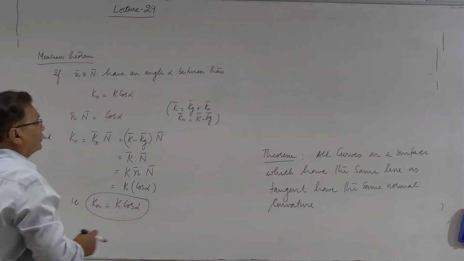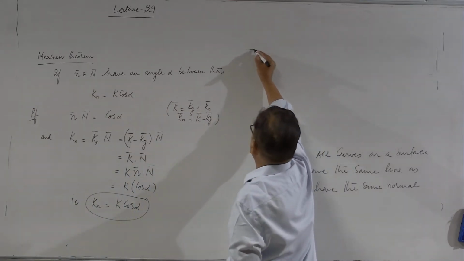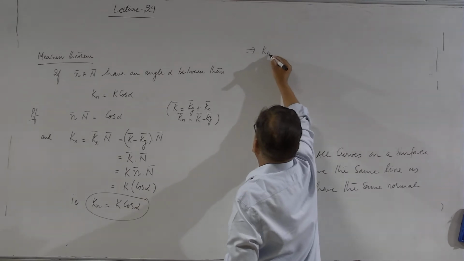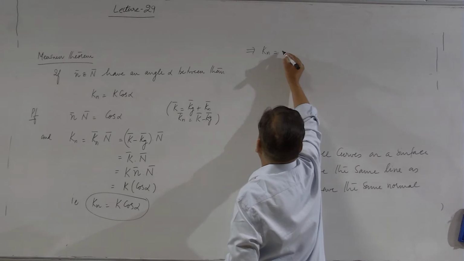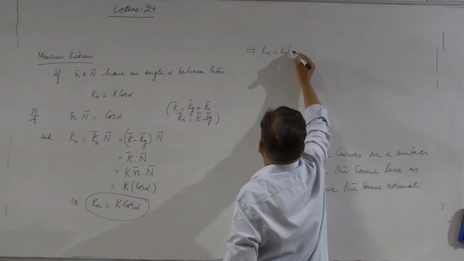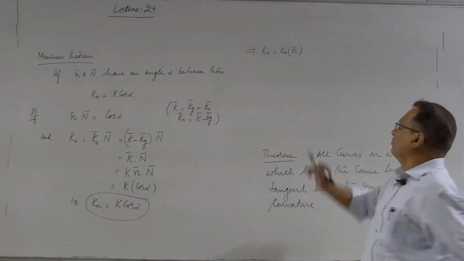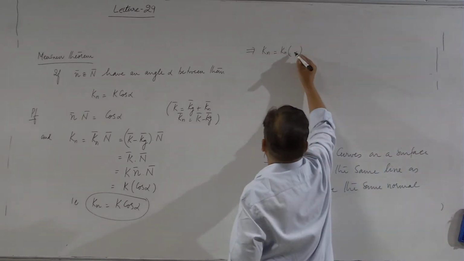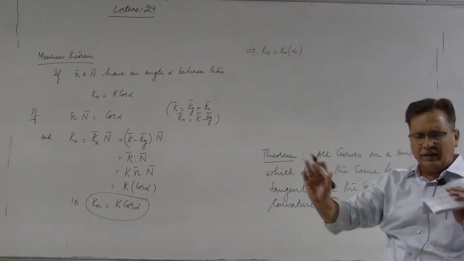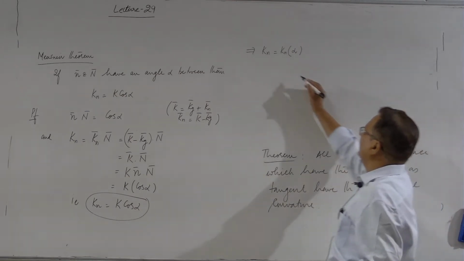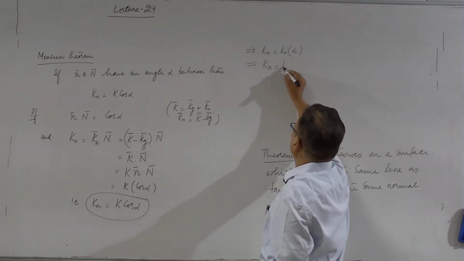One of the inferences is that Kn is a function of small n, or first I will write down that Kn depends on alpha, the angle between small n and capital N. Capital N is fixed for the surface, and therefore Kn depends on small n.